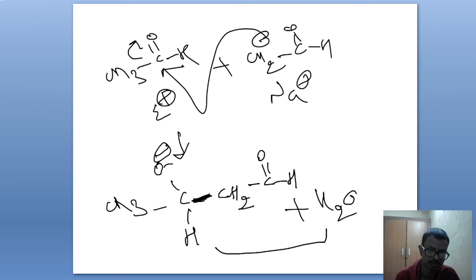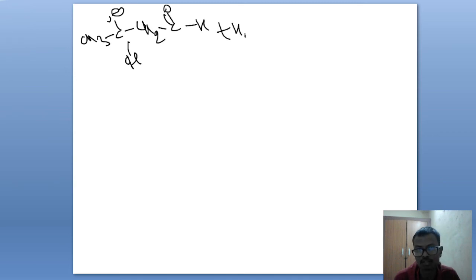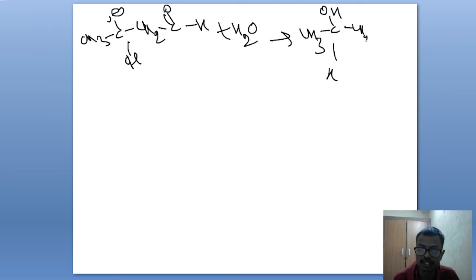We have a negative charge oxygen now, which will abstract a proton from water, and look here, we will get CH3 CH(OH) CH2 CHO plus OH minus.